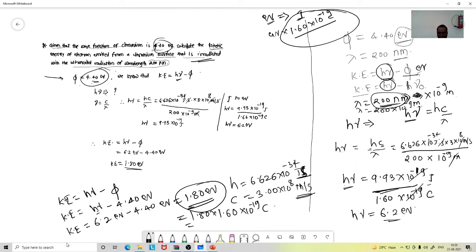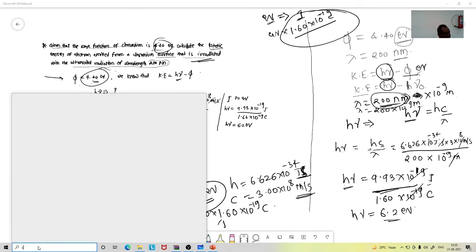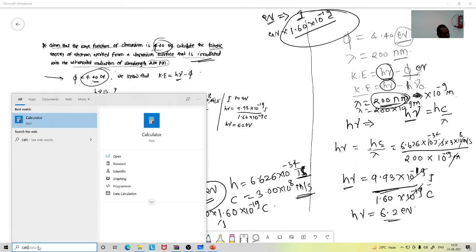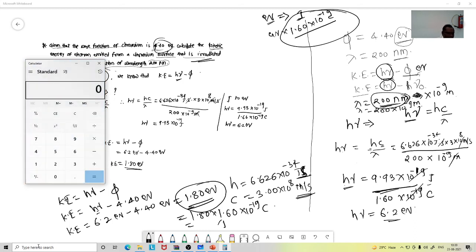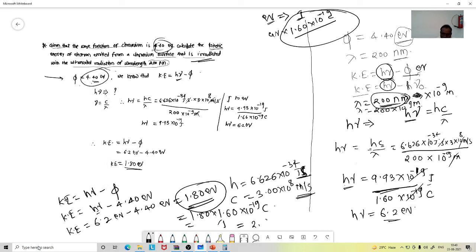Just calculate. 1.80 multiplied by 1.60, that is 2.88. The total value is 2.88 into 10 raised to minus 19 joule.